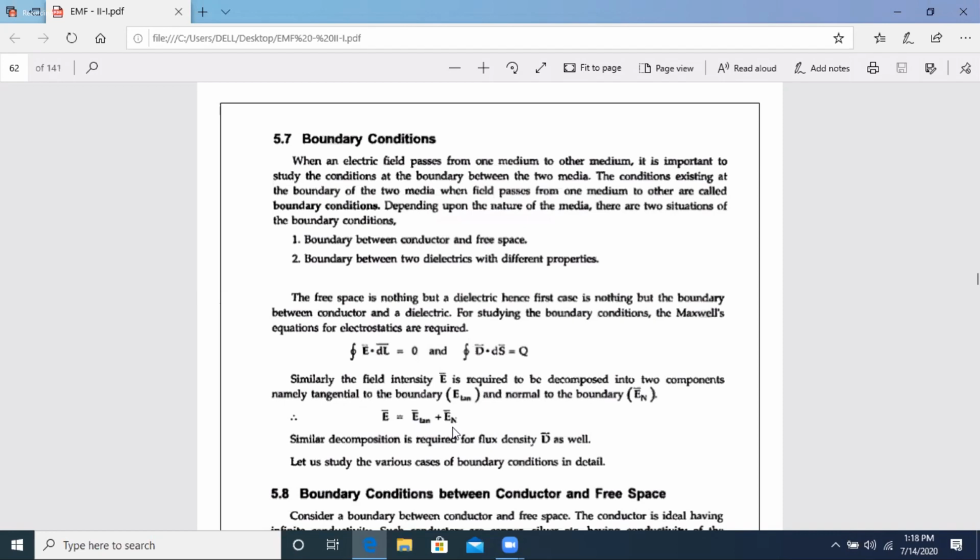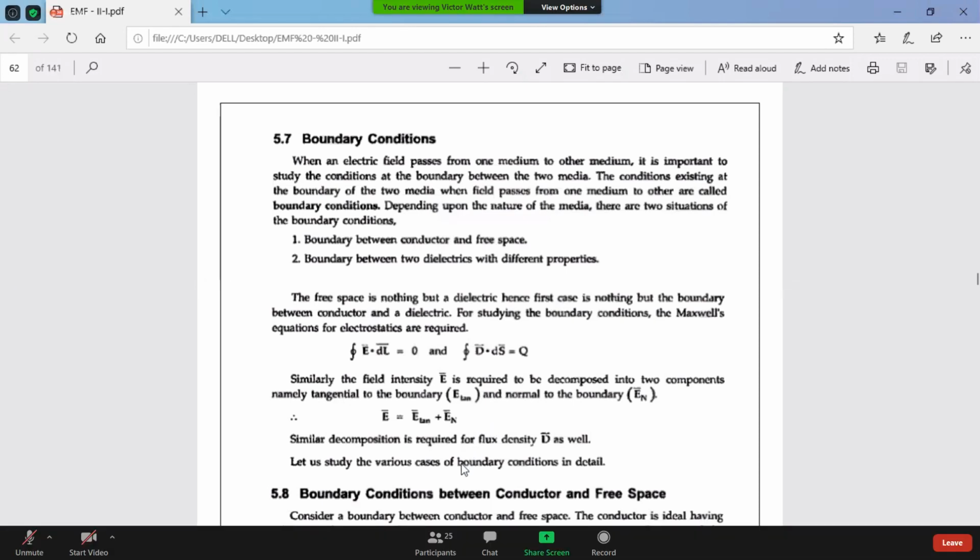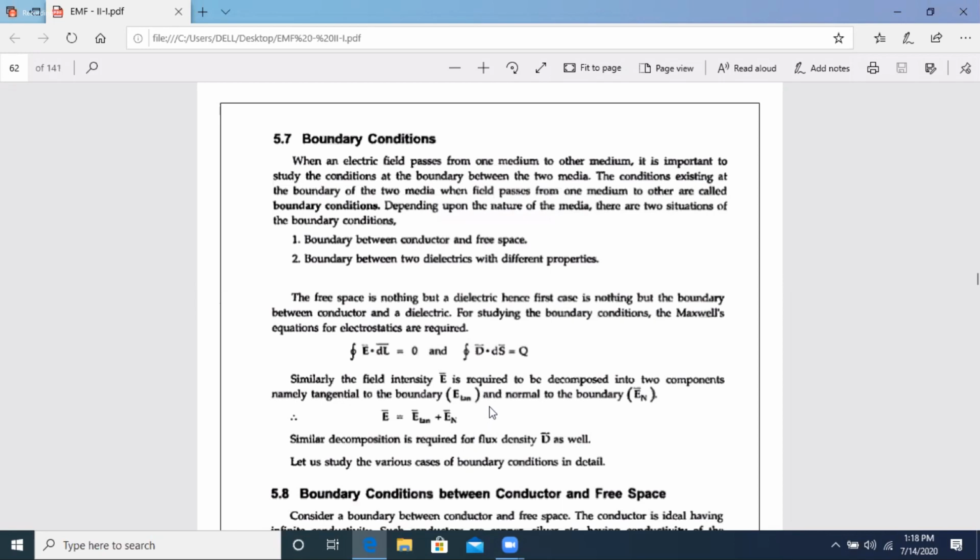Tangential component and normal component. It's a vector, right? Adding two vectors. For later reference, or it should come automatic because D, your electric flux density, is epsilon E, right? So the same thing that obtains for E obtains for D.